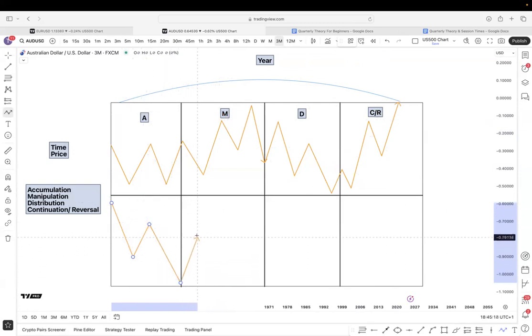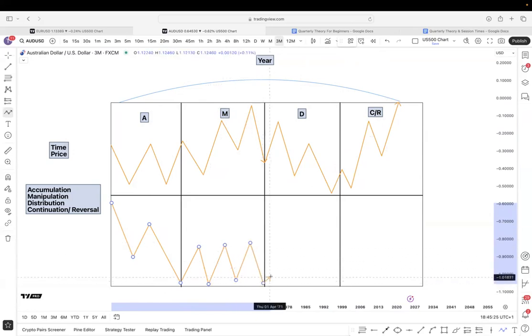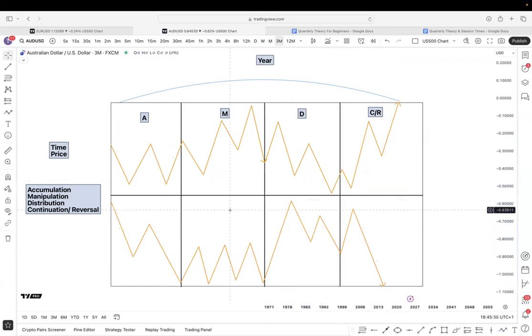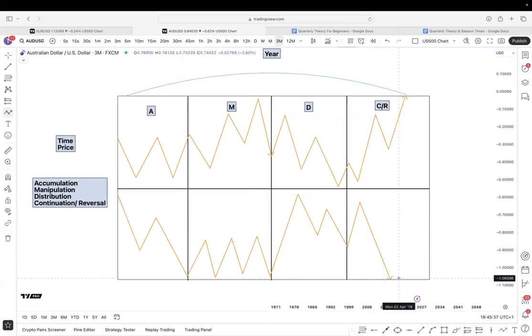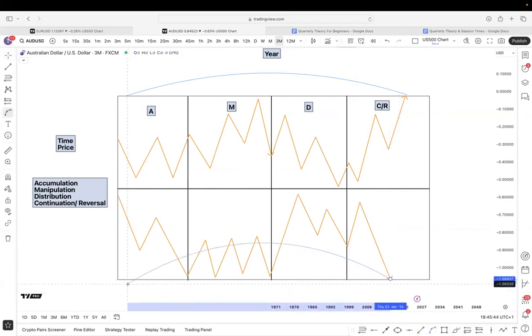What we're looking to do now is probably offer some form of accumulation ready for price to then manipulate, which would then bring us into the next stage where we would get that distribution. So sometimes the cycle of quarterly theory moves completely different to how you would anticipate it actually moving.